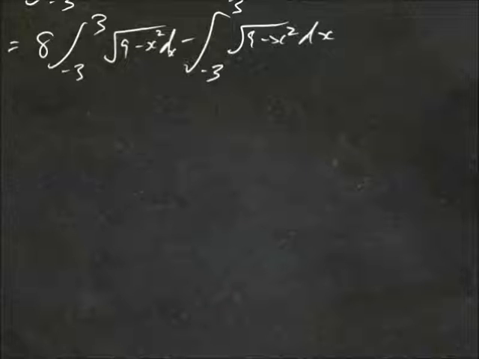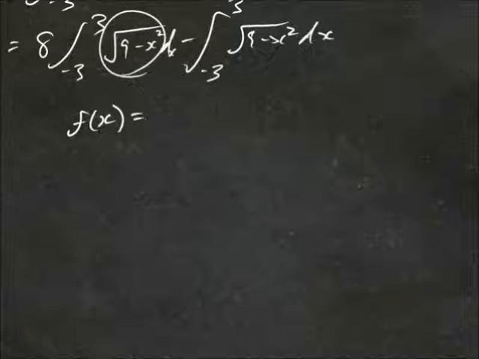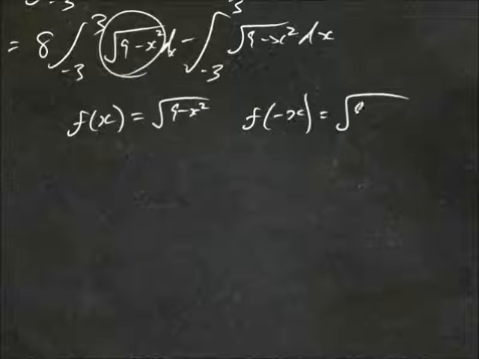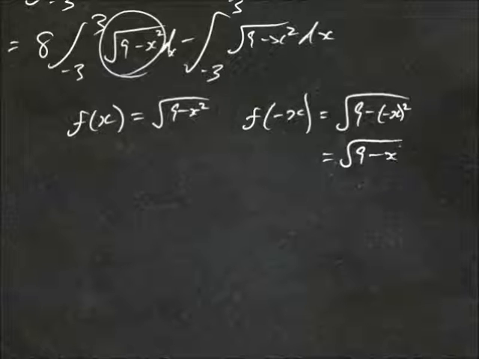This part gets a bit difficult because you have to use integration by substitution. A little mathematical trick is that if this is an even function, we only need to integrate half the function. To be even, our function square root of 9 minus x squared would need to be the same if x were negative. That would be negative x squared, which is equal to square root of 9 minus x squared still.